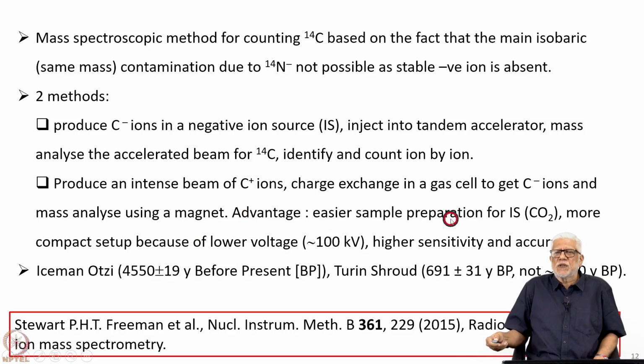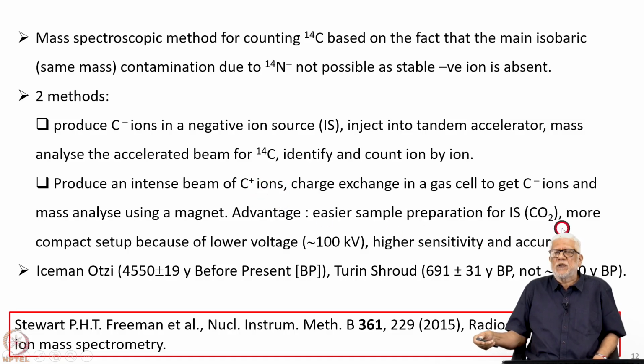The advantage, of course, is that this is a much more compact device. You also don't have to prepare the sample as is required by the negative ion source here. You are required to graphitize the sample, and that is an expensive and time consuming process. In the case of the ion source method, where you make a strong positive ion beam and then do a charge exchange, you can very easily make carbon ions in, let us say, an ECR source.